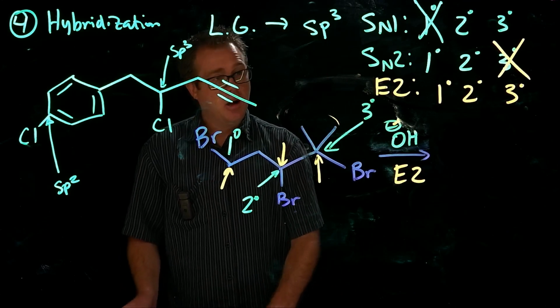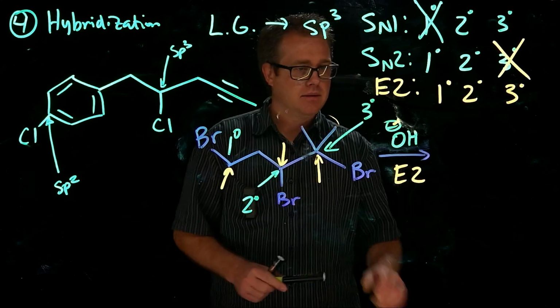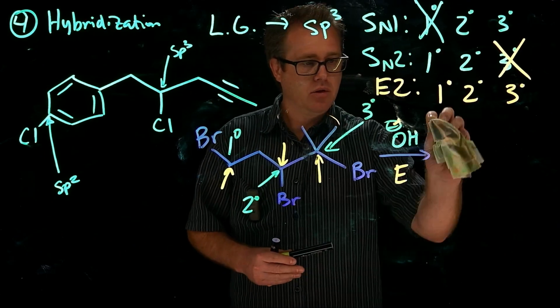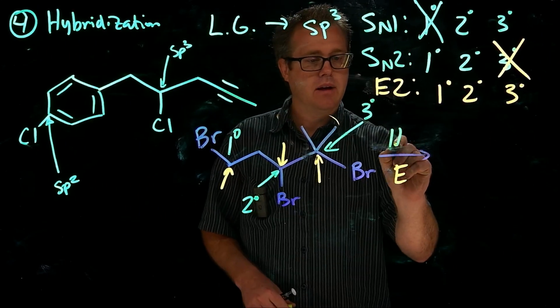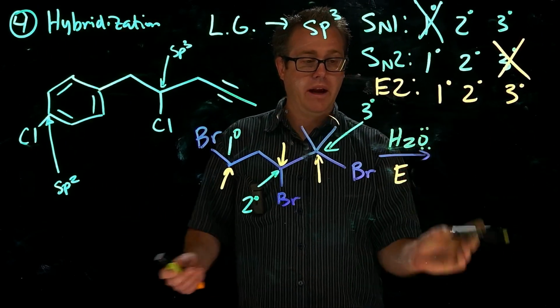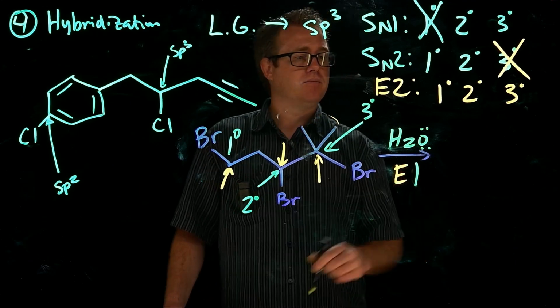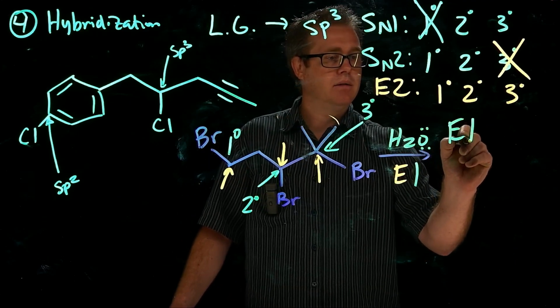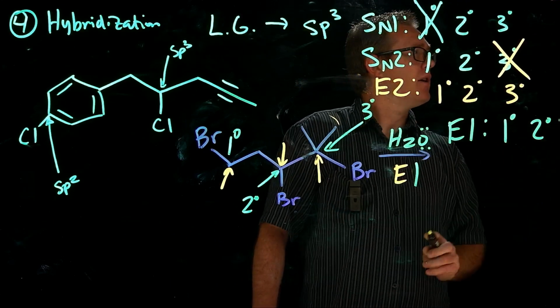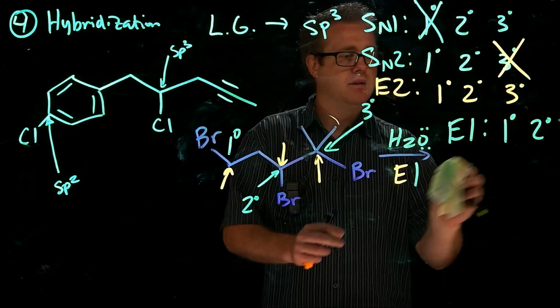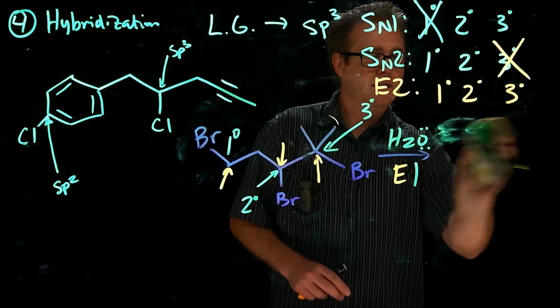Let's see here. We got one more, yes. Let's do E1. So that would have to be a weak base. So for E1, we would have primary, secondary, and tertiary.